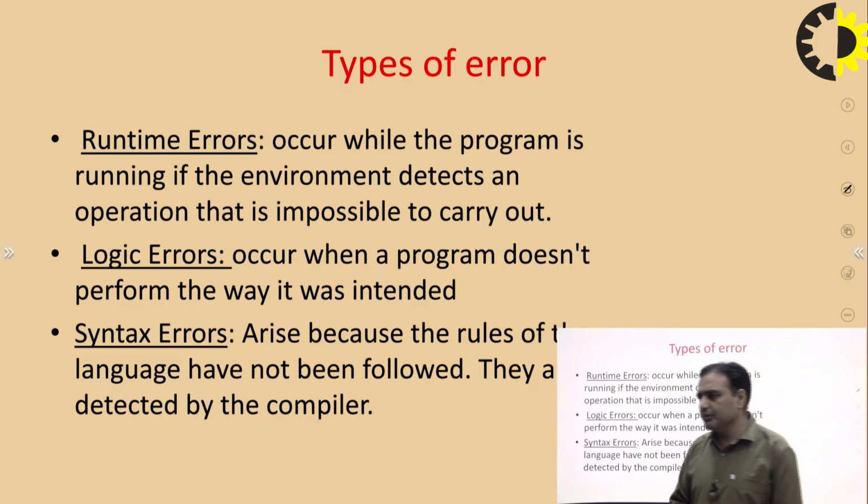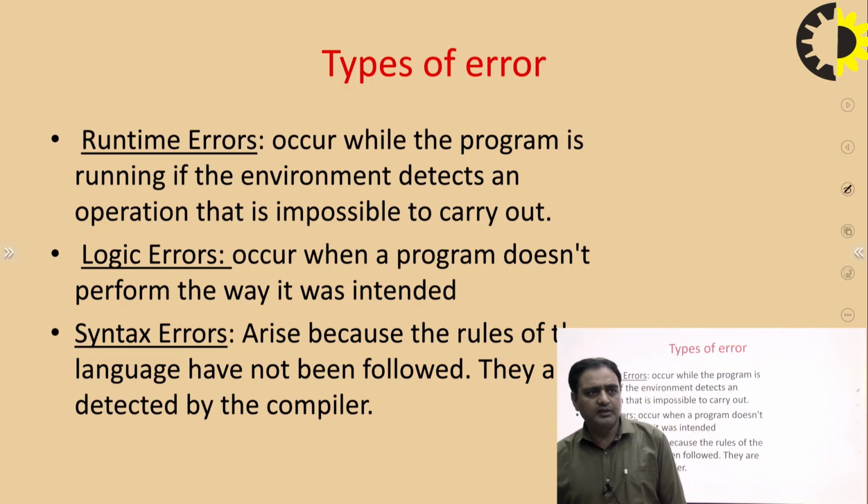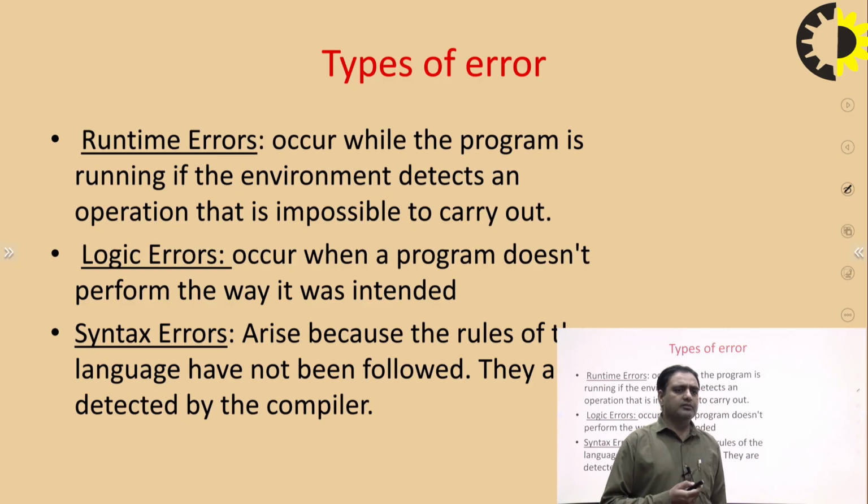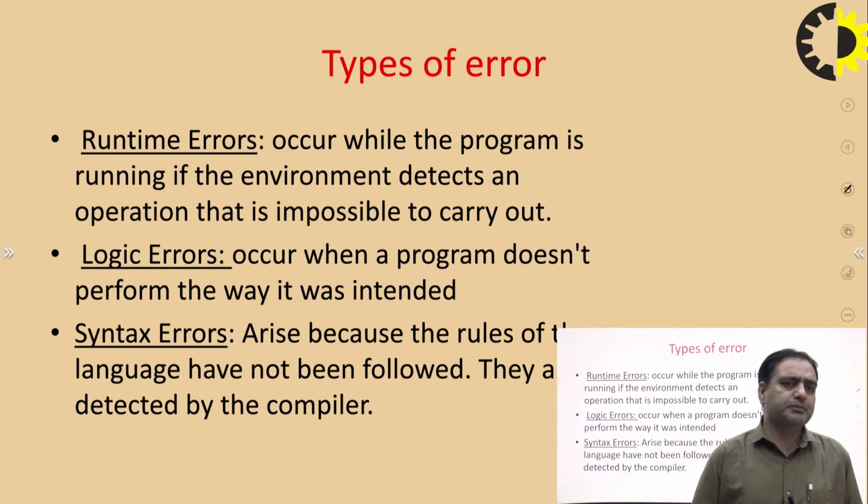All types of languages have some syntax, and when we write code for any particular language like PHP, C, C++, Java, Python, you must follow the syntax rules of that particular language.